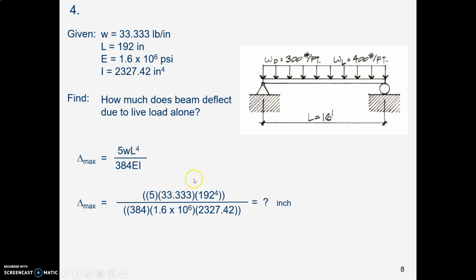Here's the length in inches, 192, and according to this, we go that to the 4th. Then that's divided by 384. There's the modulus of elasticity right there. There's the moment of inertia, 2327.42. We just plugged all those numbers in.